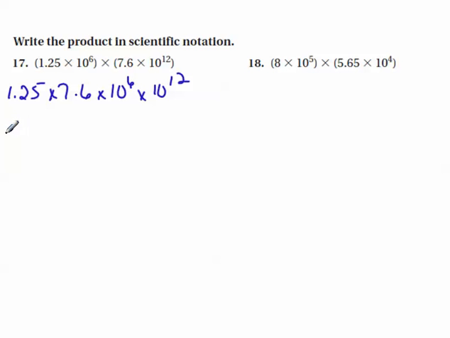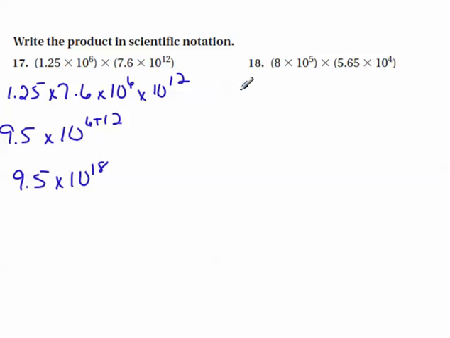And 1.25 times 7.6 gives us 9.5 times 10 to the 6 plus 12, same base being multiplied, add the exponents. So we wind up with 9.5 times 10 to the 18th. And since our coefficient is between 1 and 10, our number is good. We're in scientific notation, and we are ready to move on to the next problem.